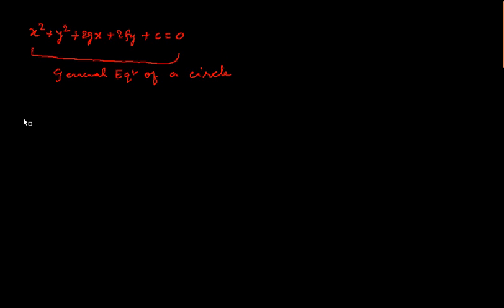Now let us try to find out the equation of a circle which is described on a line as its diameter joining 2 points.